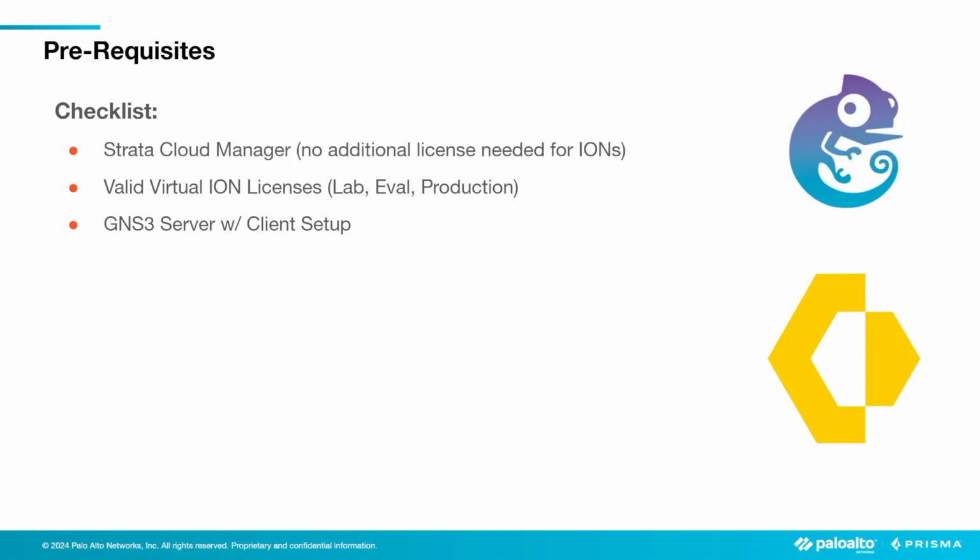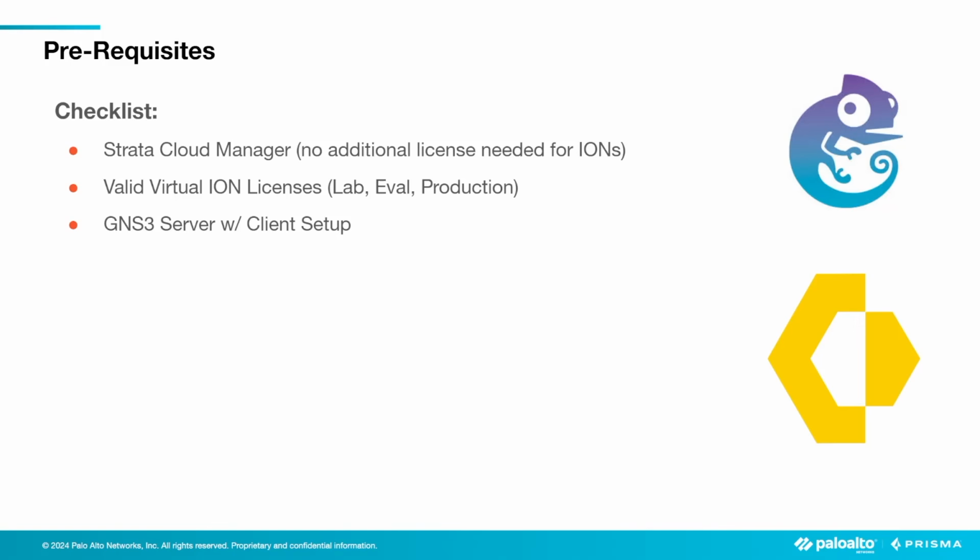So 3 things that we are expecting before going into this video is that A, we have Strata Cloud Manager activated from within your App Hub, which could be a separate video in and of itself, but for the scope of this video, I won't be including that portion here.